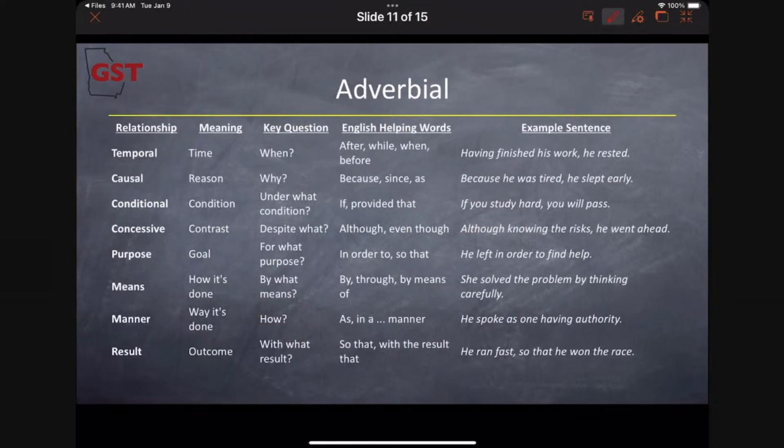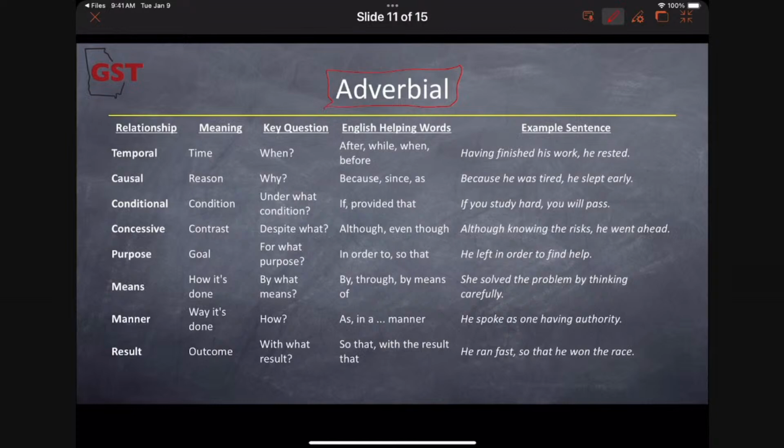Now, I want to go beyond the basics of biblical grammar and go a little deeper with the adverbial participle. It's really kind of true with most adverbs anyway, but especially the adverbial participle. You want to think about how it relates to the main verb. Is it time related, or is it some other relationship? There are several different kinds of relationships the participle, as an adverbial, verbally functioning, can have with that main verb.